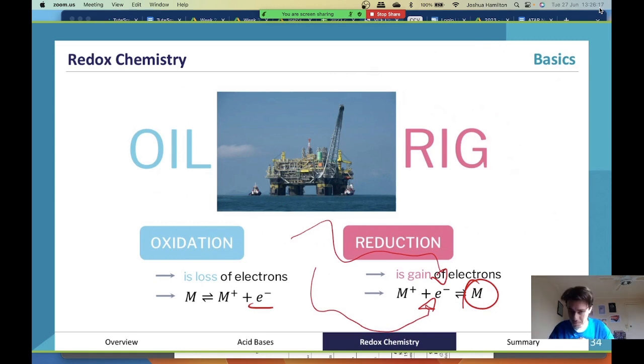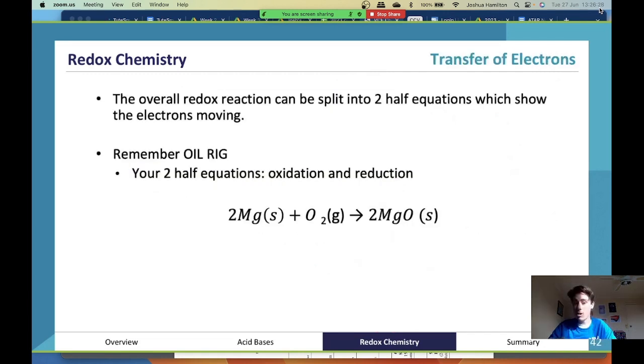It's not possible. Why not? You need to have reduction and oxidation at the same time. So when you do a redox reaction in real life, you're only ever going to see the whole equation. But we know that deep down there are two half reactions occurring that form this one big reaction, which is all we see.